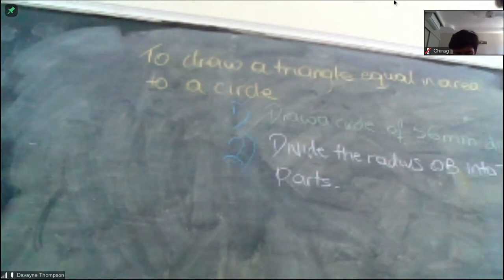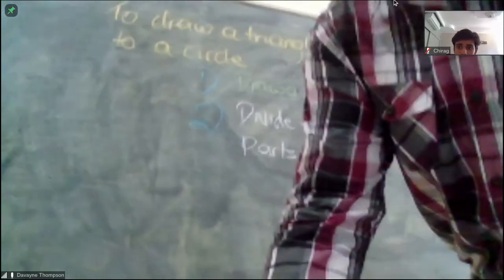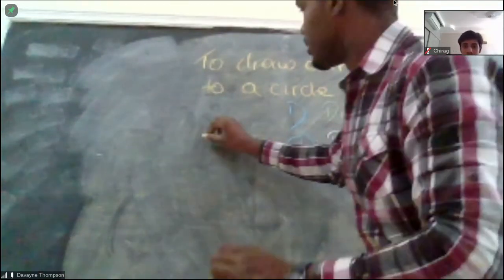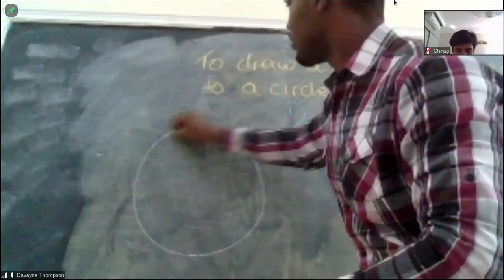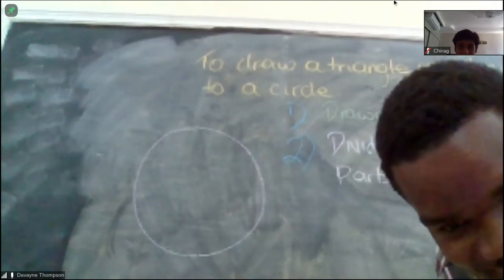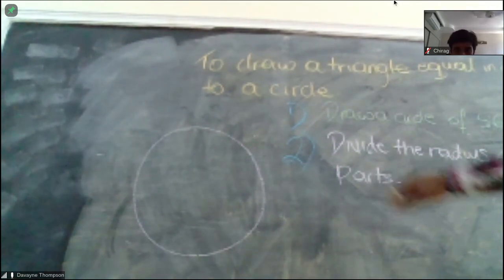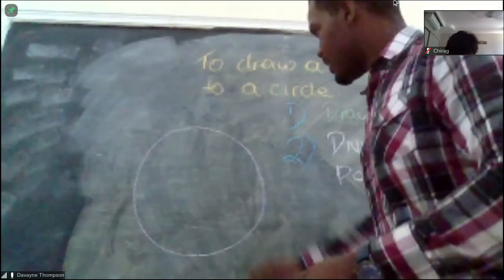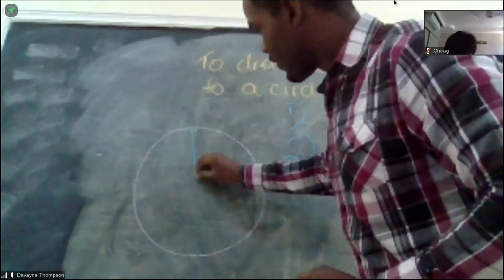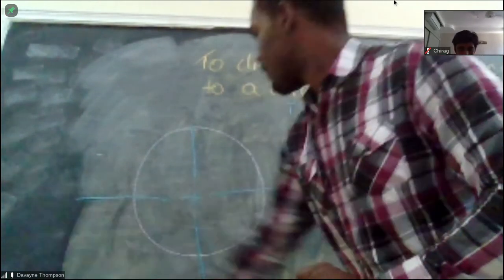Now, you might be saying, sir, I don't understand what that means. I'm going to sketch it here, so quickly pay attention for me. Let's say this is my circle. That is actually perfect. Wow, that's awesome. Now I'm going to create a center line from the middle.